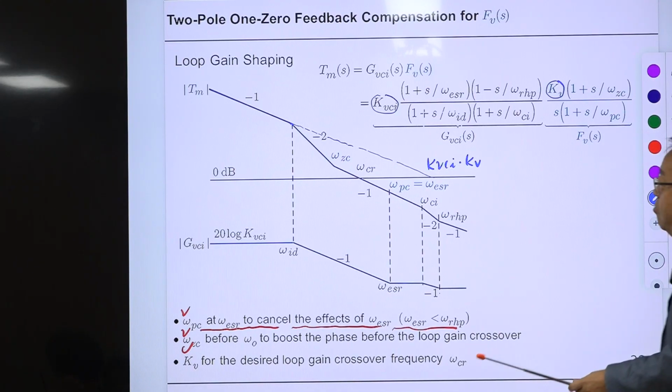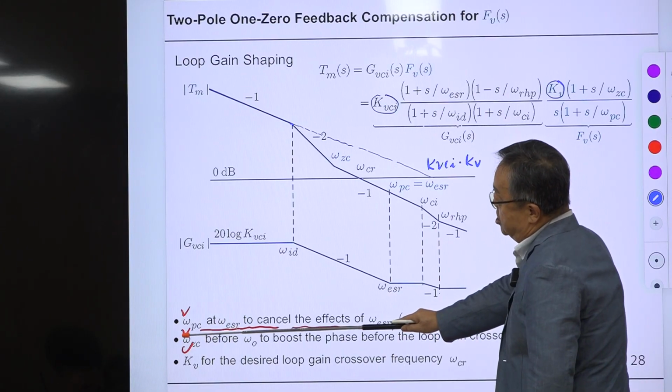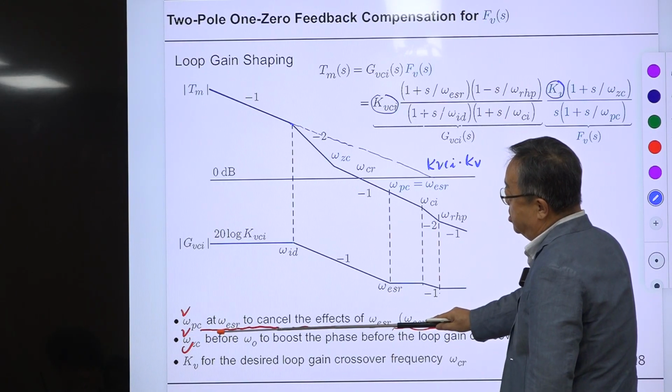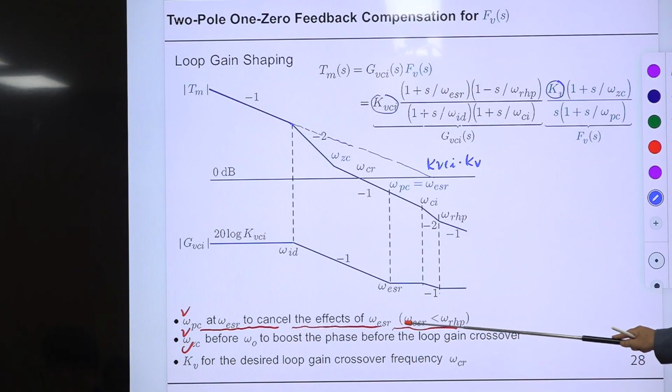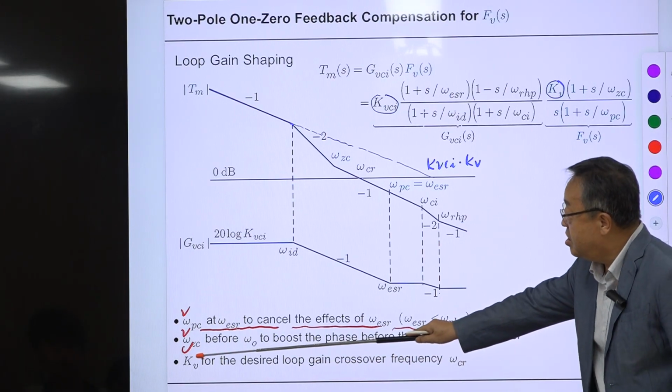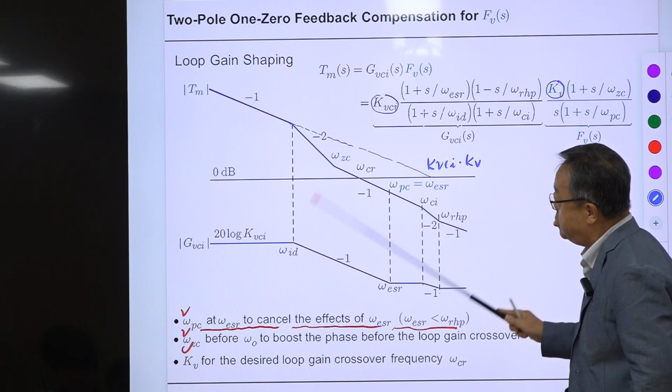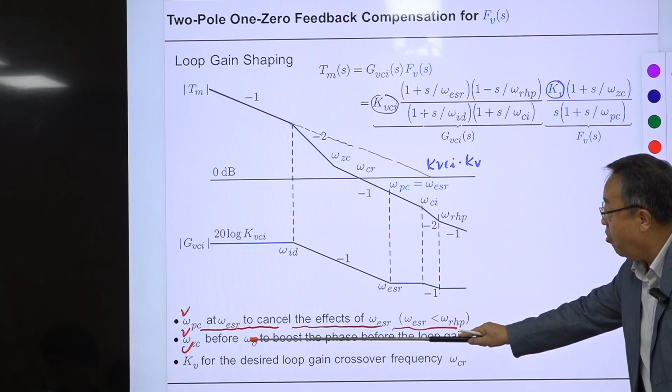So omega PC is located at omega ESR to cancel the effect of this ESR zero, and we are assuming this frequency comes first, then this one, and we place the omega GC zero, the compensation zero, before omega naught.